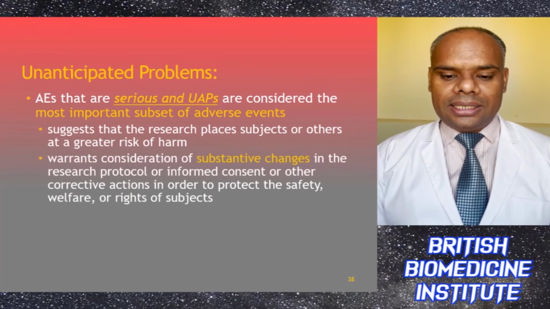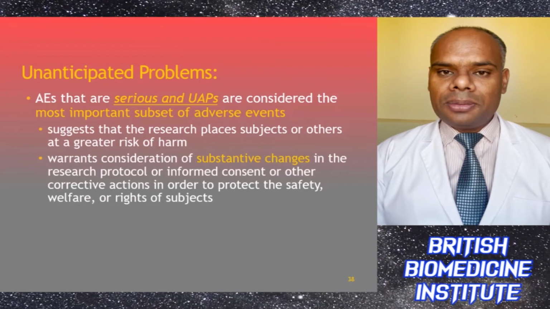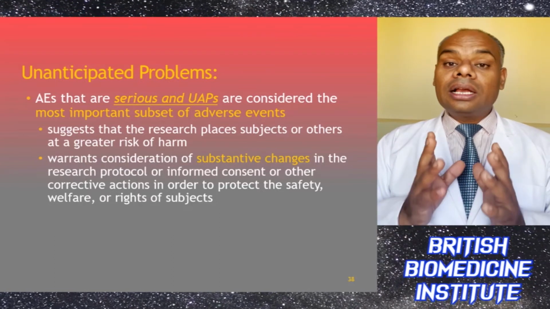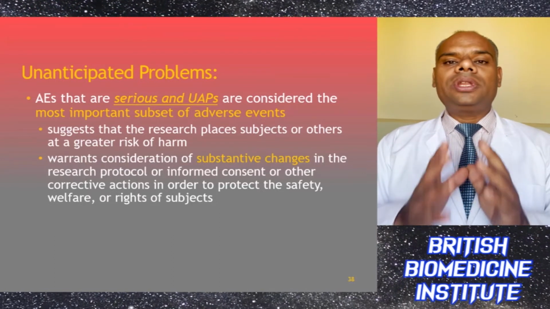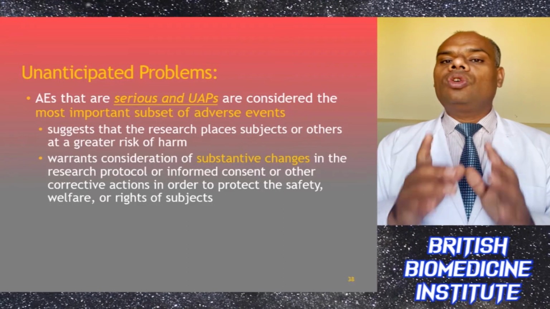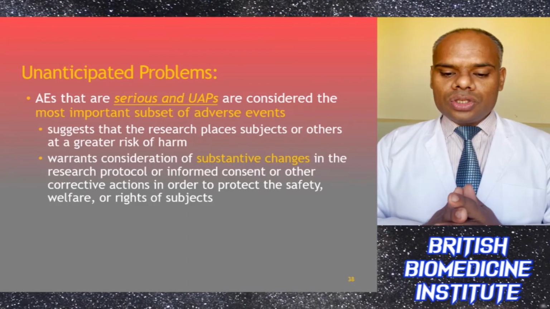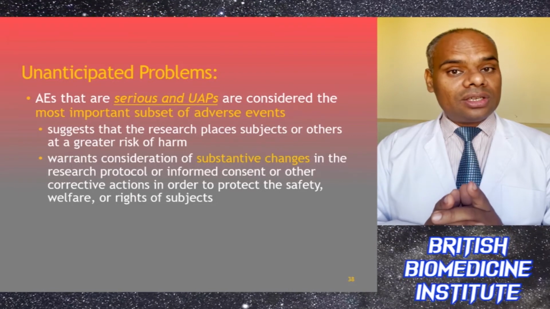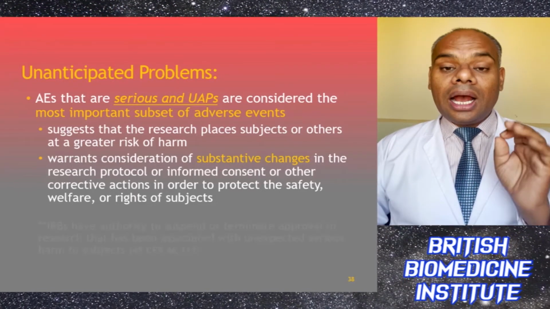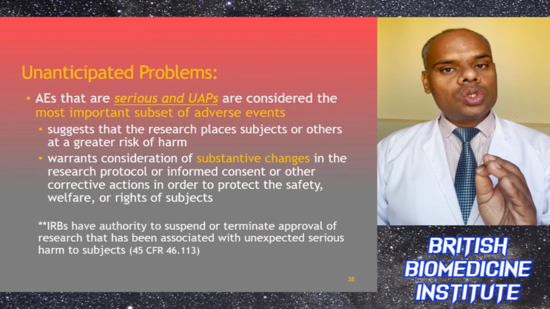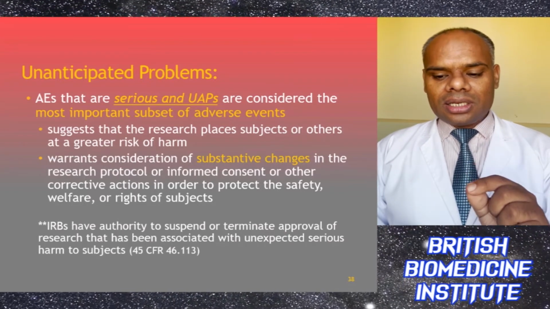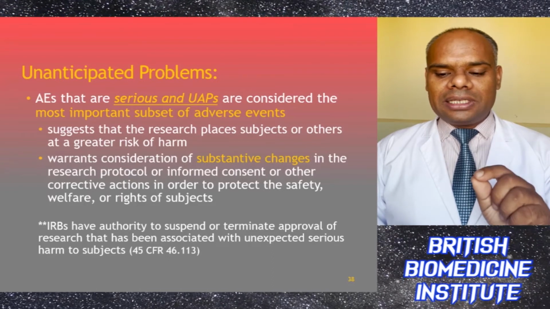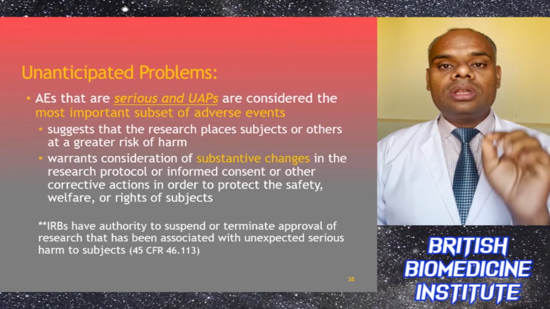It can warrant consideration of substantive change in the research protocol and informed consent and other corrective actions in order to protect the safety, welfare and rights of the subject. So in accordance with 45 CFR 46.113, the IRB has authority to suspend or terminate approval of research that has been associated with unexpected serious harm to the subjects.